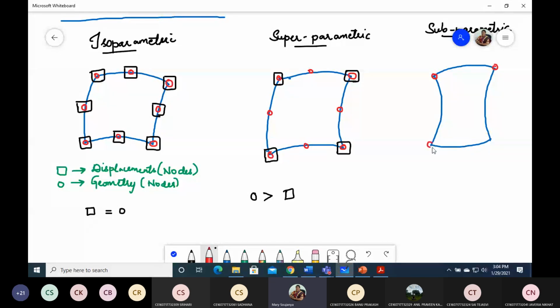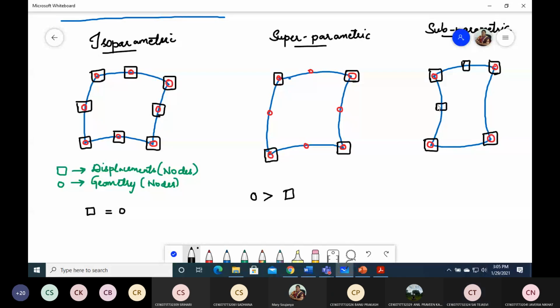So what do you think are subparametric? You can give a guess. Try giving a guess. Comparatively less number of nodes. Of what? Which ones are less?